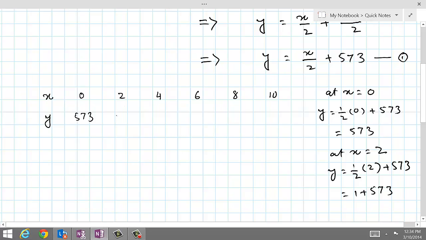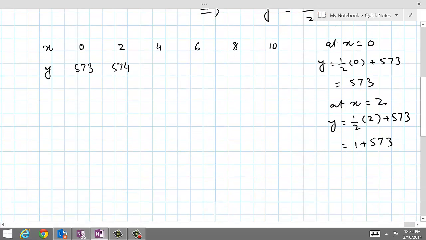This is 574. Here we have got a pattern, but if we want to continue, we can still see at x equal to 4, y is equal to 1 over 2 times 4 plus 573. This will give us 575. So the pattern is clear now.